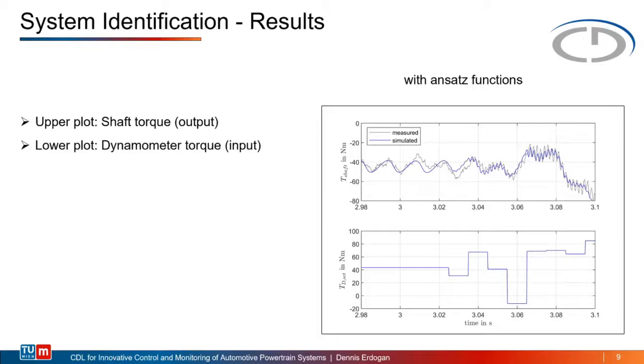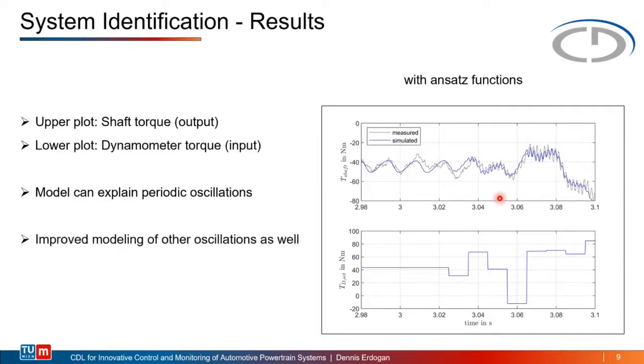Here you can see that first of all, those oscillations, which are purely induced by the engine torque, and also these faster dynamics, these small oscillations, can now be modeled better by the parameter estimation.